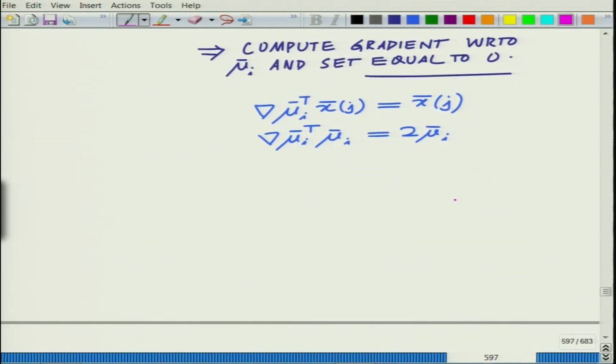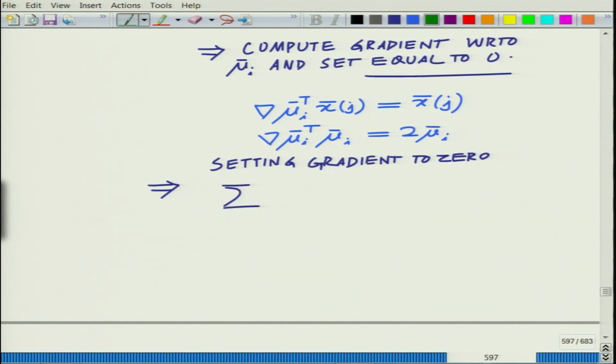Setting the gradient to 0, we have the summation of j equal to 1 to m.